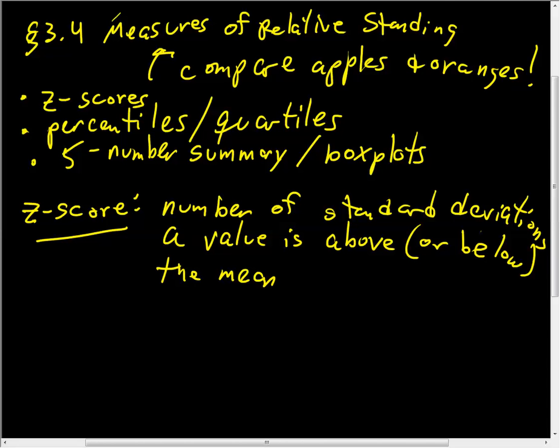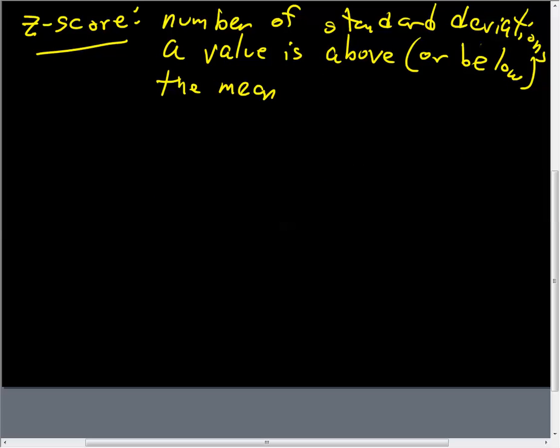The formula for the z-score is very simple, and I'm sure some of us have seen this before. Z equals, let's say you're interested in the z-score of a particular x value. All you have to do is subtract the mean and divide by the standard deviation.